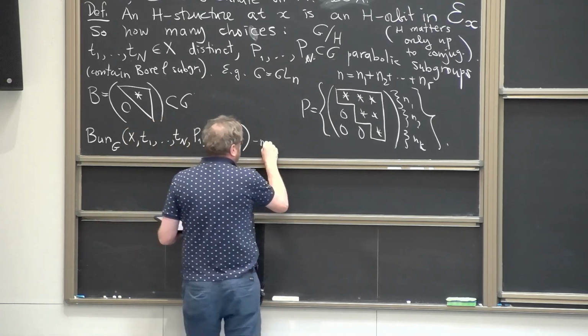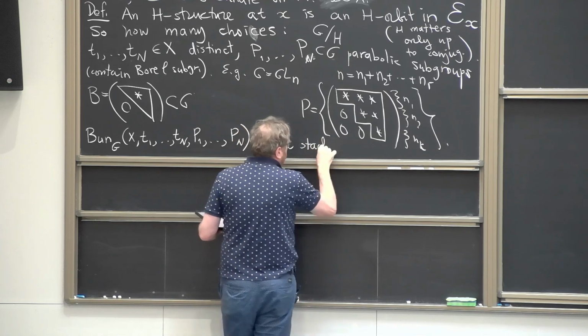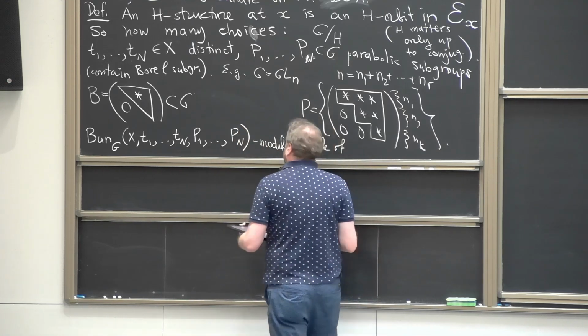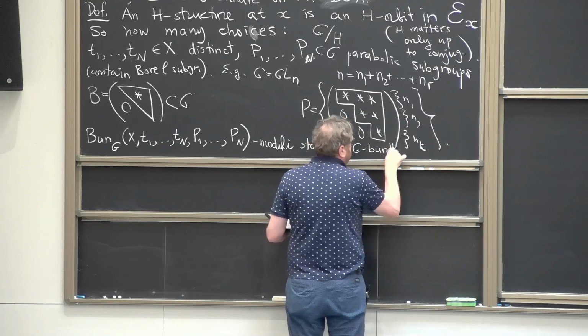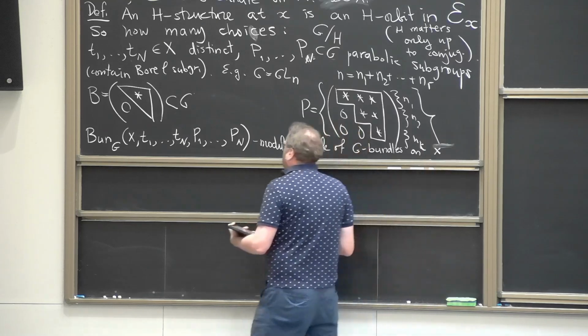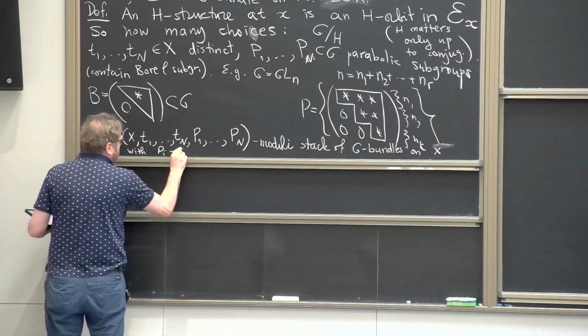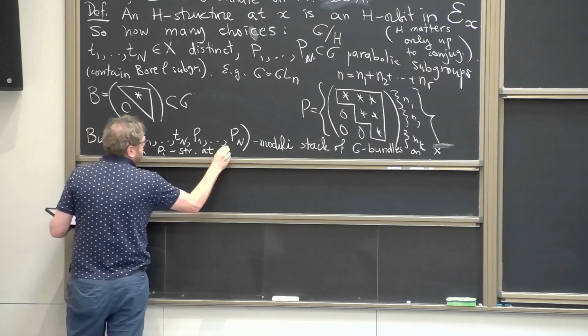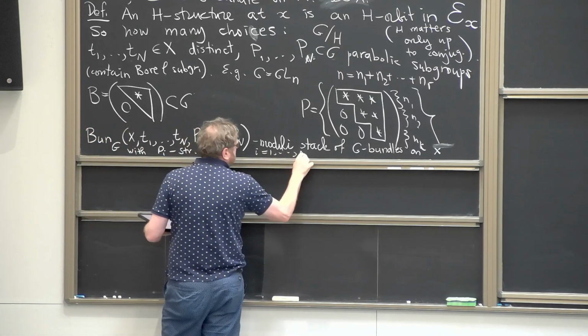So this is the moduli stack of G bundles on X with a P_i structure at the point t_i for i equals 1 through n.